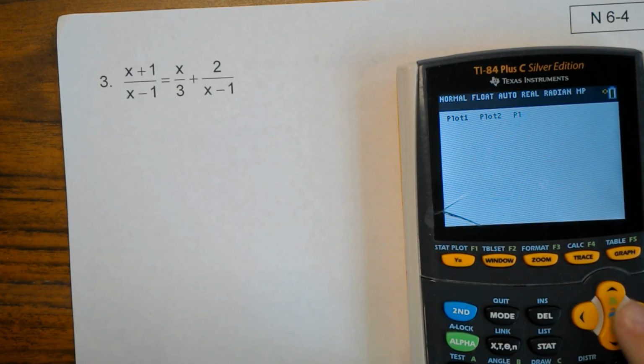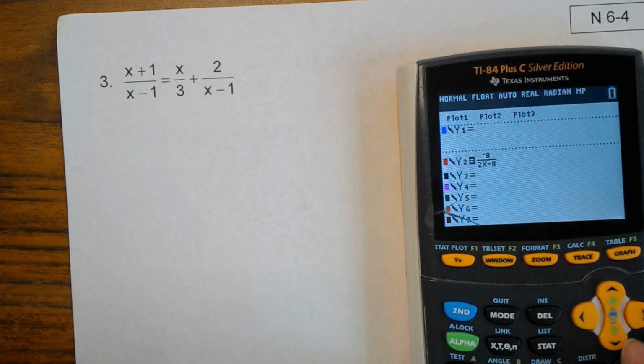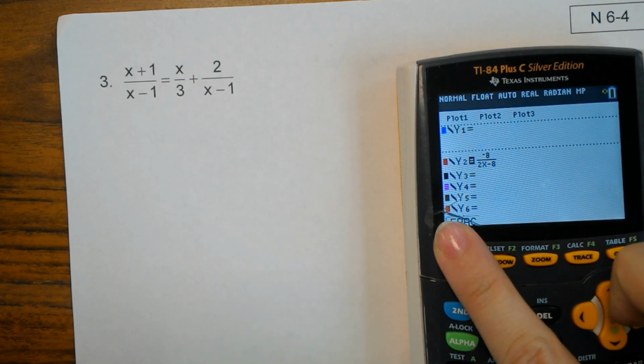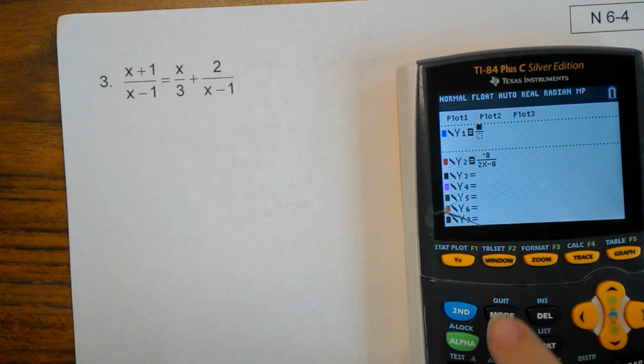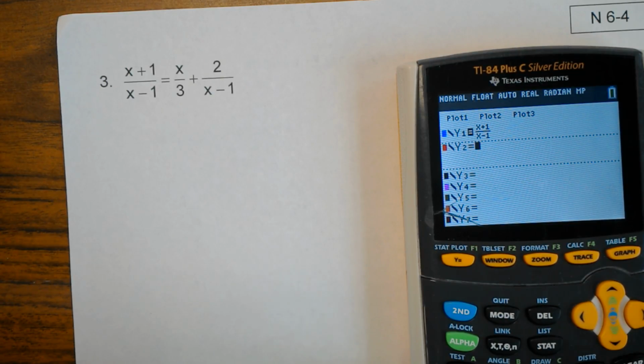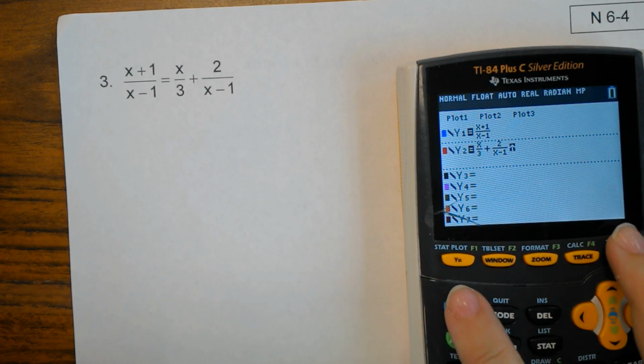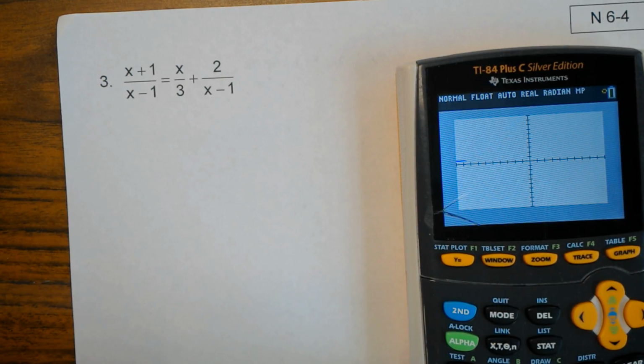Okay, so another one. I'm going to graph it first and see if I can find the intersection.